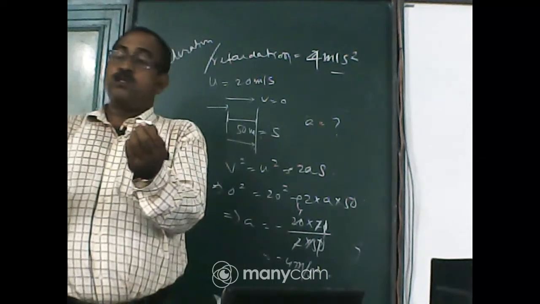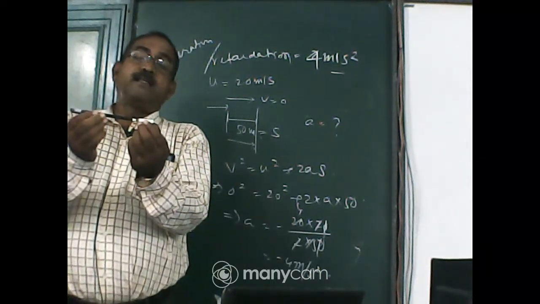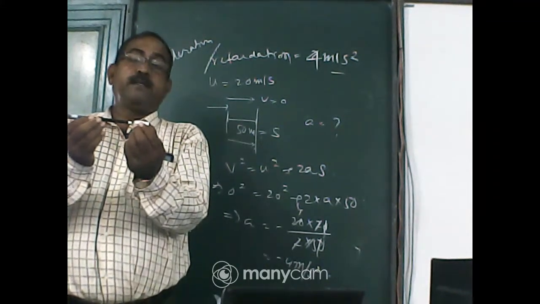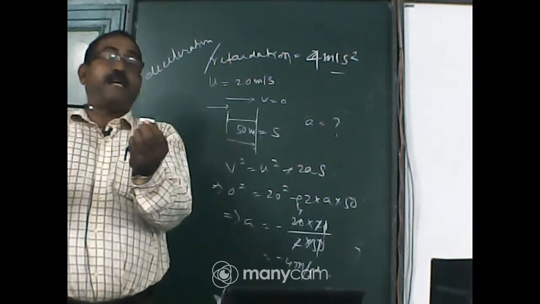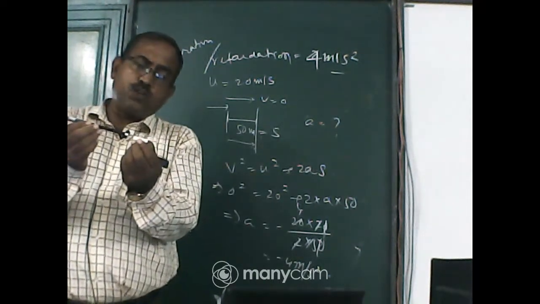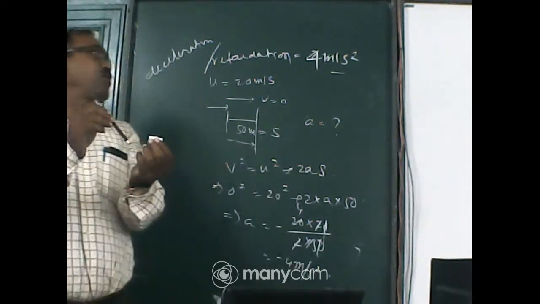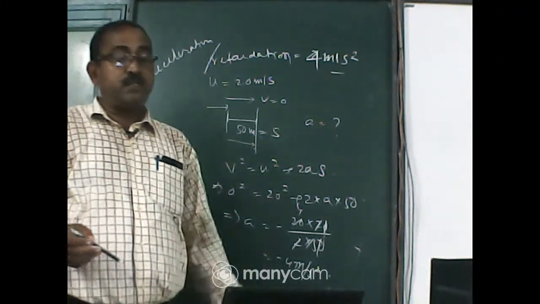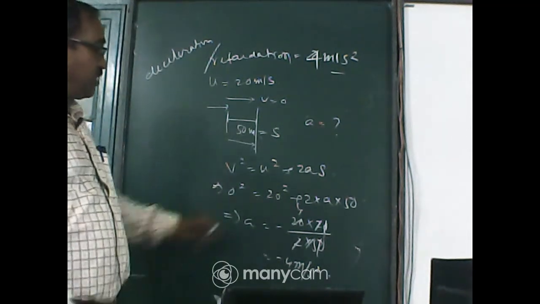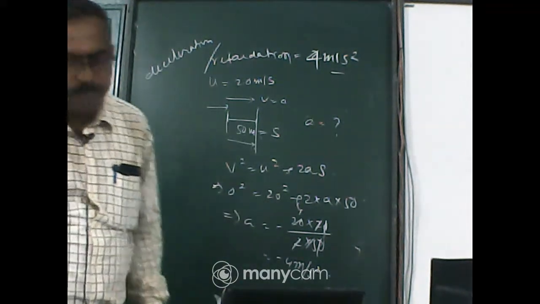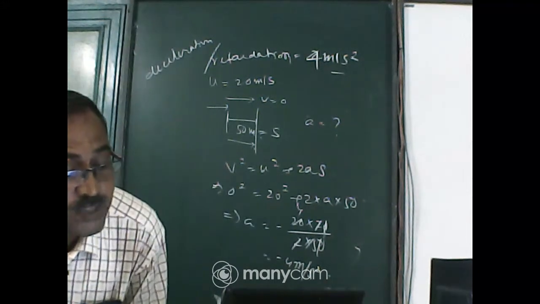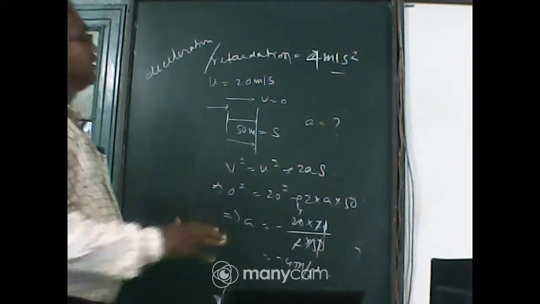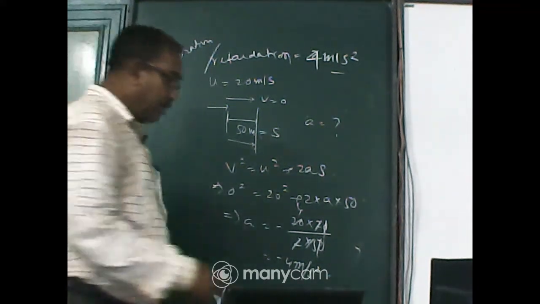So the distance covered by the car is 50, u is 20 meter per second, v equal to 0. You find out the value of a equal to minus 4 meter per second square. You put this value in this equation. You check it, okay? Otherwise, you will again send it through your e-portal.